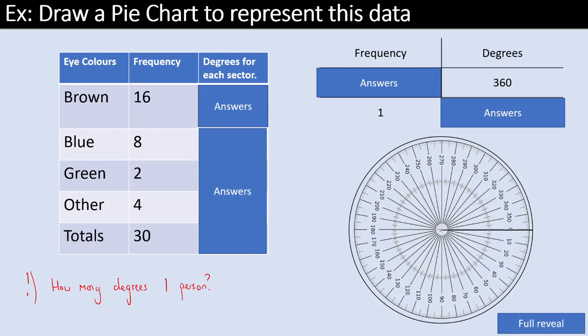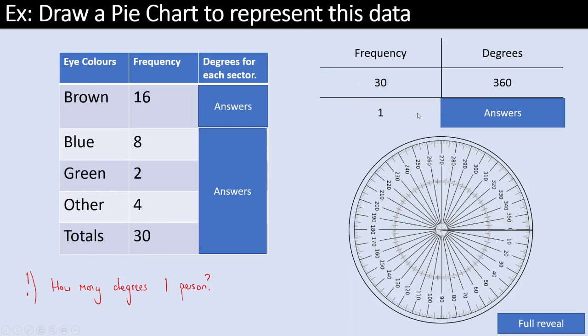Now, if we can answer that question, we can do anything else with our pie chart that we want. Okay? Now, for a full circle, we should see that we have 360 degrees. Okay? Now, we need to know how many people there should be for this circle. And that comes down to the total of our frequency, which is 30 for our example here.